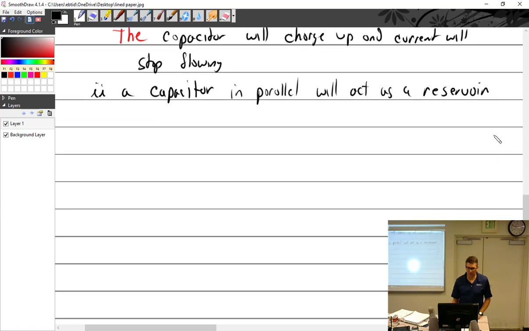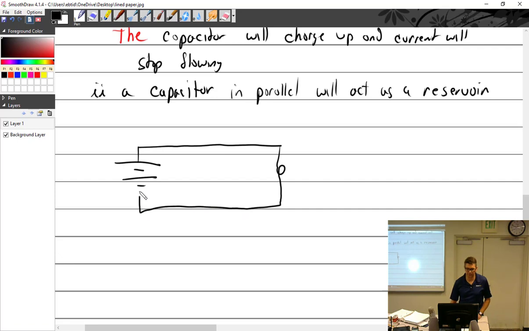So that would be some sort of power source. Have our load. And then just put it here.